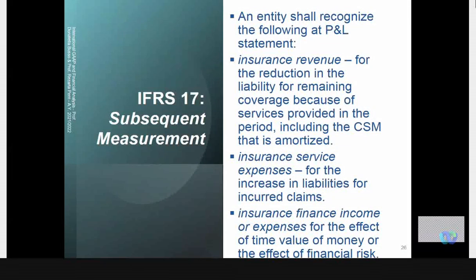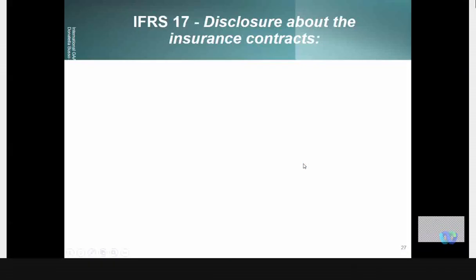And the third component is the finance component, insurance finance income or expenses, which is related to how the interest rates have evolved during a year. We will look later at the three components in an example.